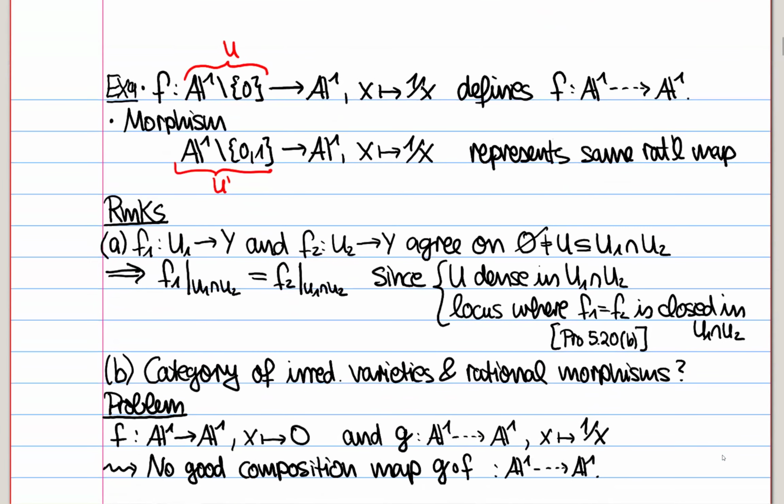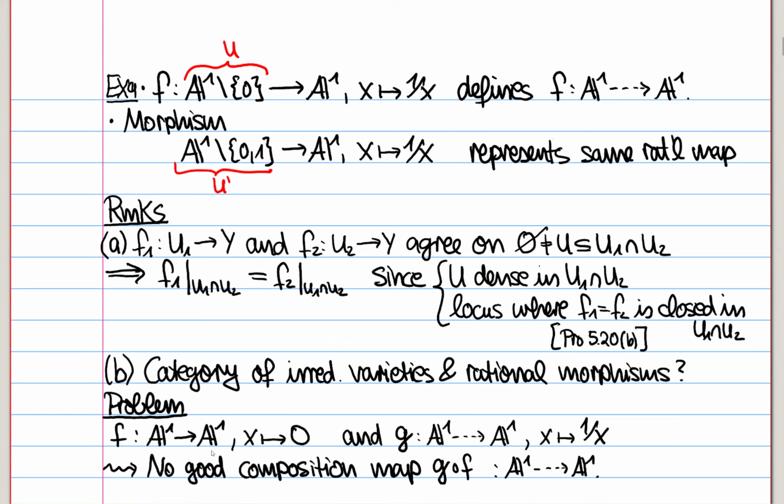And now we have defined some kind of nice notion of morphism, some rational map. And then you would hope maybe we can get one of these categories out of this. So let's say the category has objects, irreducible varieties, and as morphisms, you just take these rational maps. So does this work out? Well, there's one problem, namely in a category, you want to have a composition map. And so let me show you two very nice rational maps from A1 to A1.